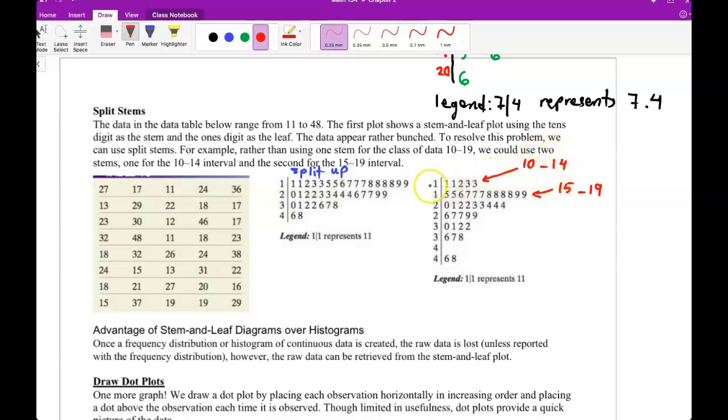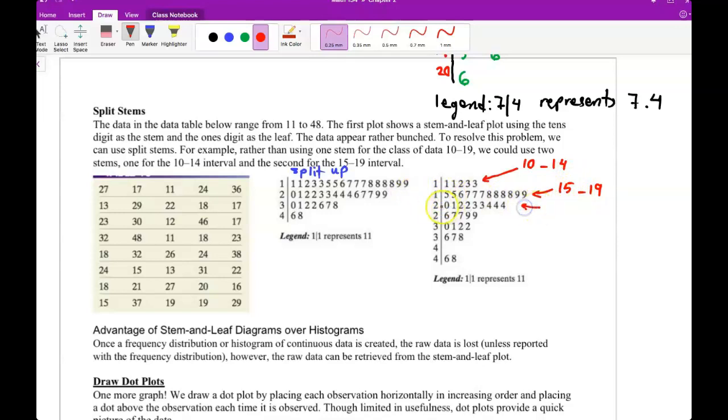So we have 11, 11, 12, 13, again 13. So these numbers are here. Then we have 15, 15, 16, 17, 17, 17, 18, and then 19, 19. All these numbers are in this interval. So our class lower limit starts with 15, and we have exactly the same number on this part.